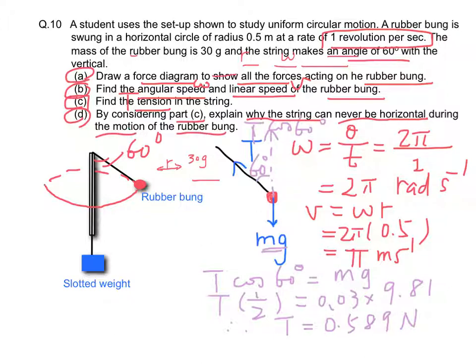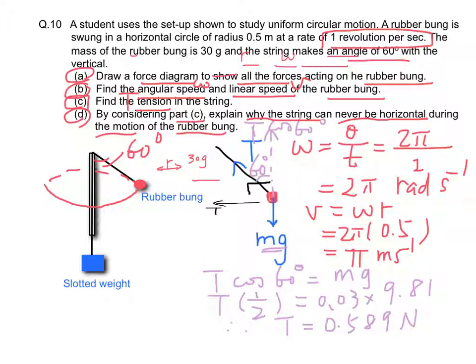Part D. By considering Part C, explain why the string can never be horizontal during the motion of the rubber bug. If the string is horizontal, the tension will be in a horizontal direction, which is perpendicular to the vertical line.